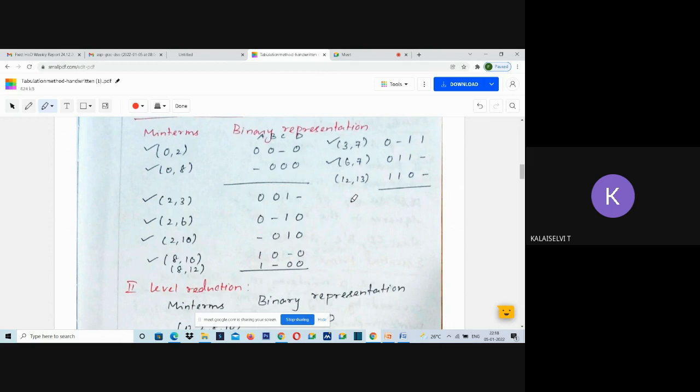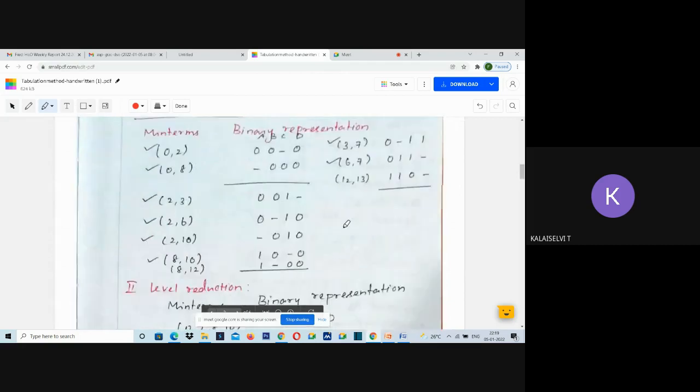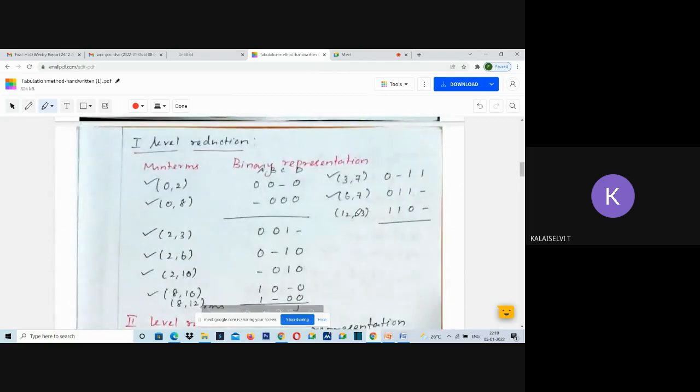Similarly the last two adjacent groups are compared, that is 3,7, 6,7, 12,13. After doing this first level reduction, in the presentation we discussed this as column 2.